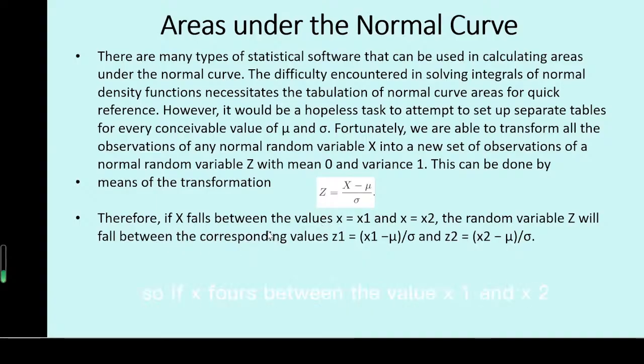If X falls between x1 and x2, the random variable Z will fall between Z1 and Z2, where Z1 and Z2 equal (x1 minus mu) divided by sigma and (x2 minus mu) divided by sigma, right?